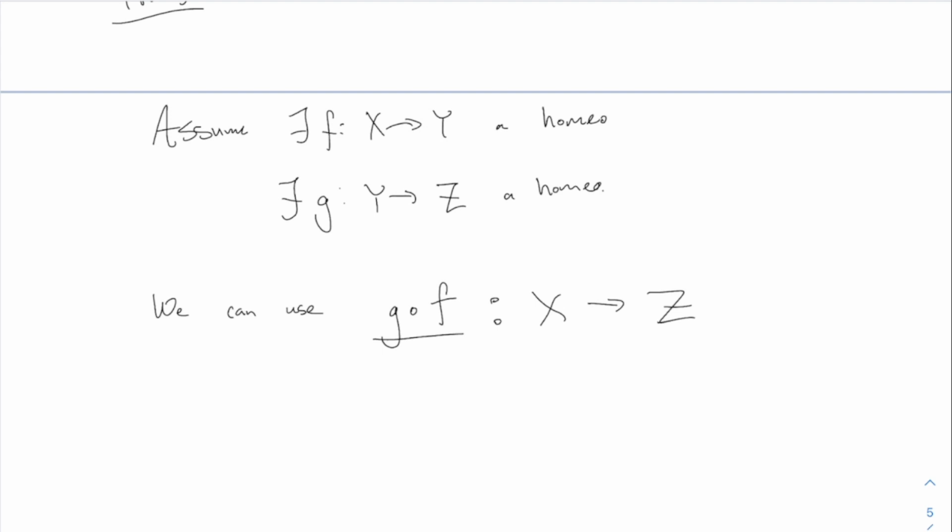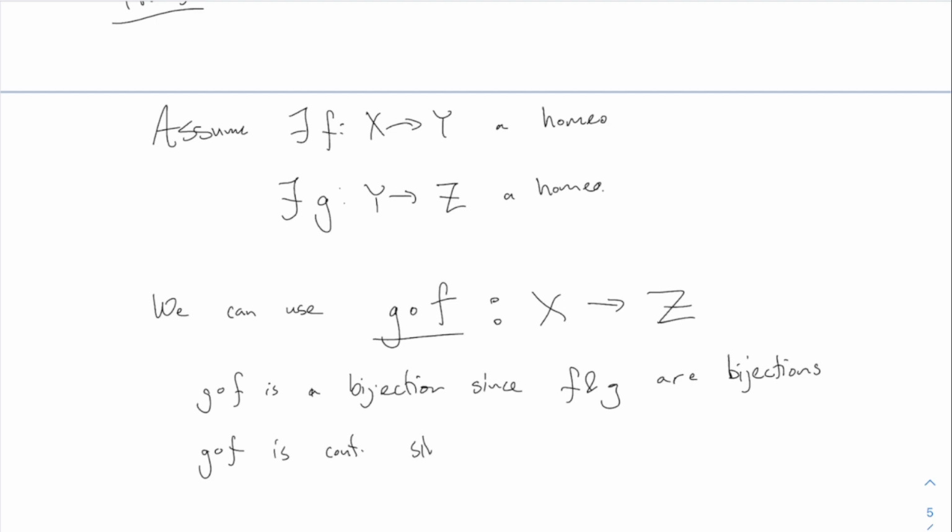So let me just say G compose F is a bijection since F and G are bijections, and that's a fact about any functions: a composition of two bijections is a bijection. What about the continuity properties? G compose F is continuous since G and F are continuous.